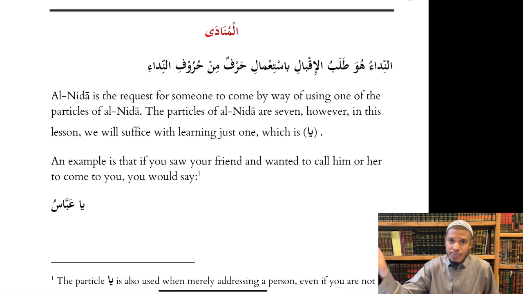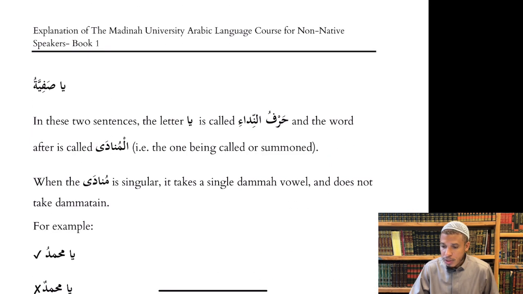You may not be calling a person from afar. You're just addressing a person that's in front of you. كيف حالك يا فلان؟ كيف حالك يا محمد؟ كيف حالك يا عائشة؟ نعم. And we have, for example, يا صفية.